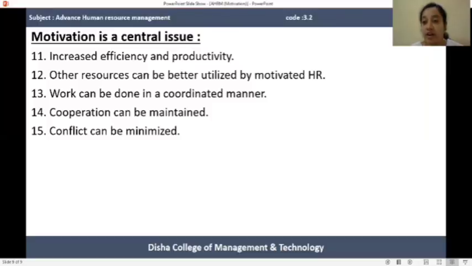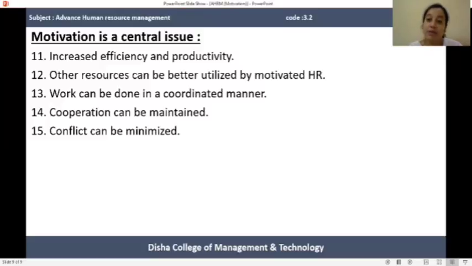And in an organization, it is possible to maintain a healthier relationship between the employer and employees. So motivation helps to create a cooperative aspect in the organization, and it helps to do everything in a coordinated and cooperative manner.